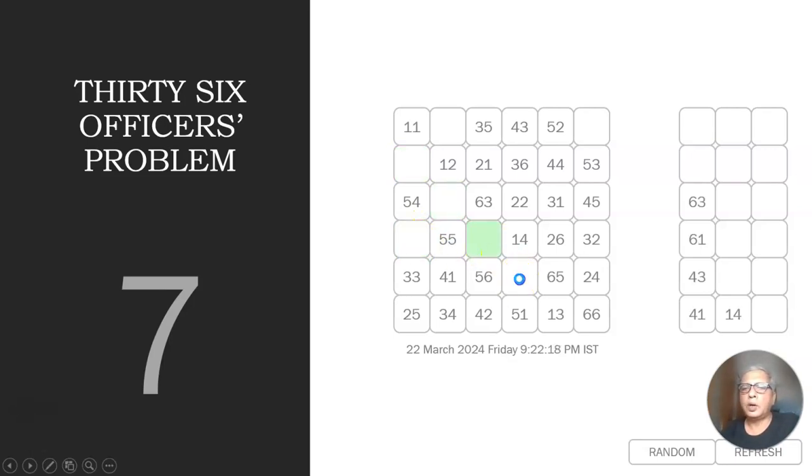Anyway, one has to try in this way to reduce the number of blank cells and see how far you can go. What is the maximum number of cells you can occupy in a 6 by 6 Greco-Latin square?